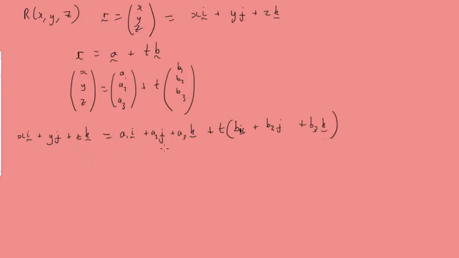And so we can rearrange both of these. For this one, we've got our (x, y, z) equals (a1 plus tb1, a2 plus tb2, a3 plus tb3).